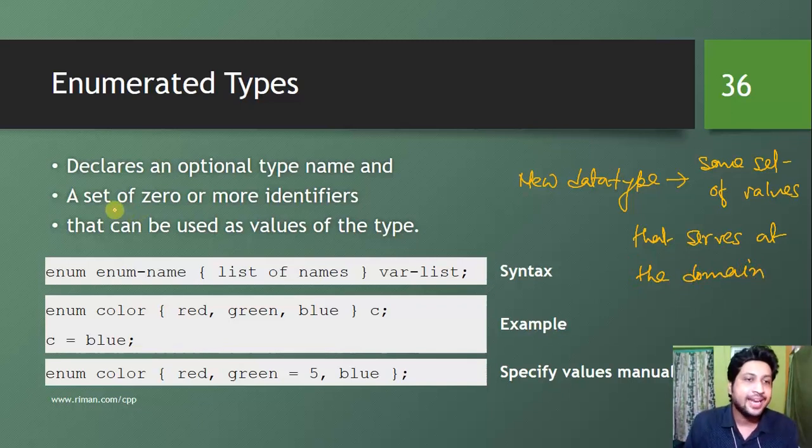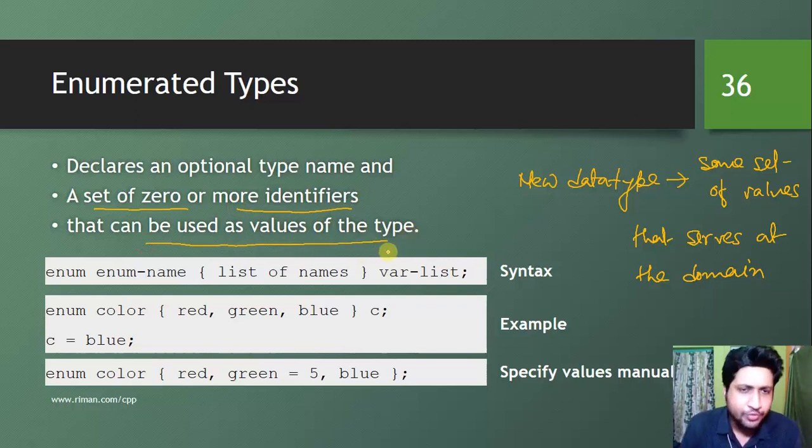So we can have a set of zero or more identifiers that can be used as values of the type. So for example, we have this particular syntax.